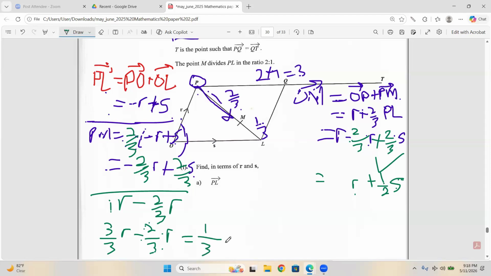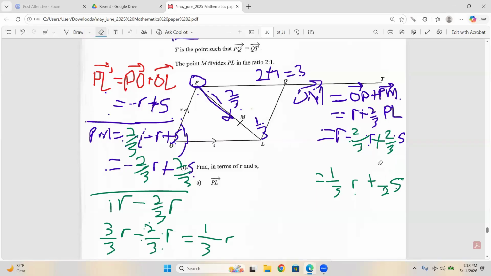They will have the same denominator. So the correct answer is 1/3 R. Is there anything else I need to change? 2/3 S. So I need to change the S coefficient from a half to 2/3.